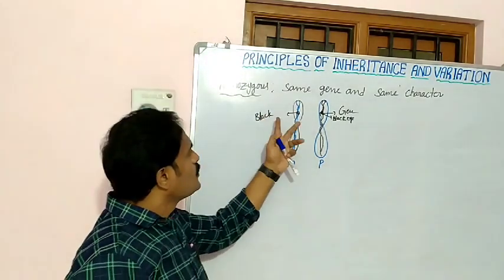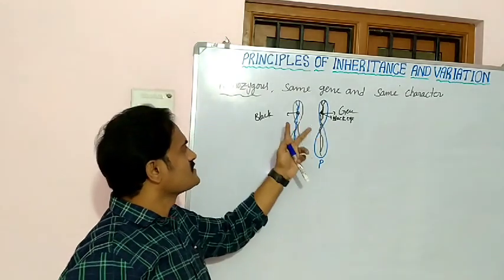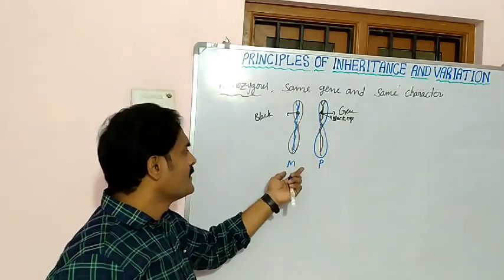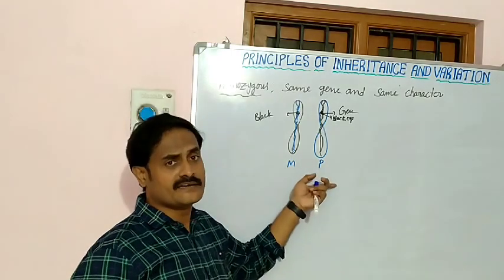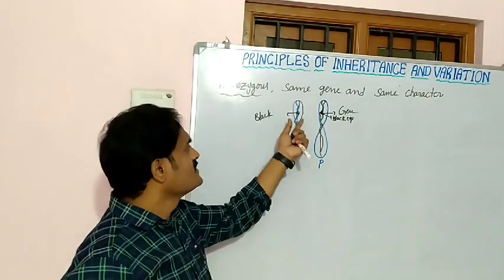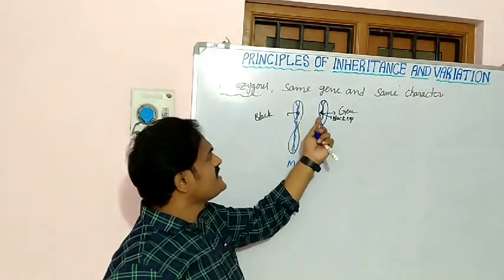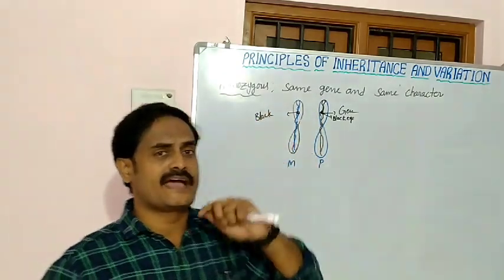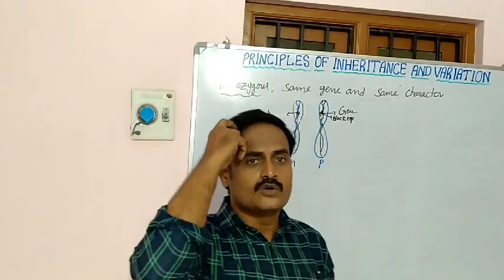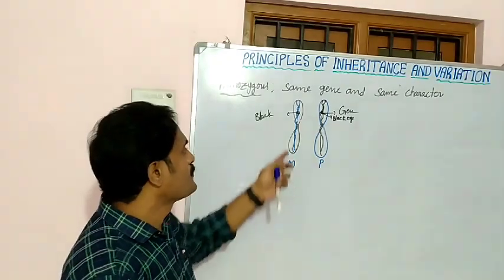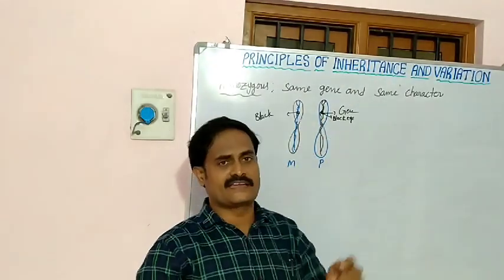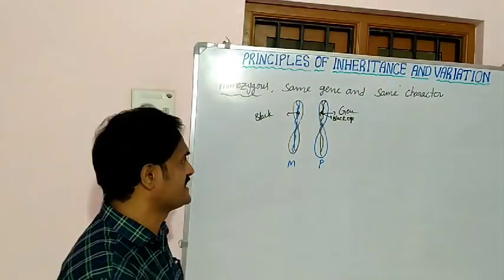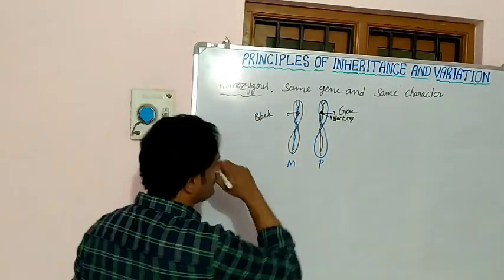So in the two chromosomes, maternal and paternal, the same genes provide the same character. That is called homozygous.